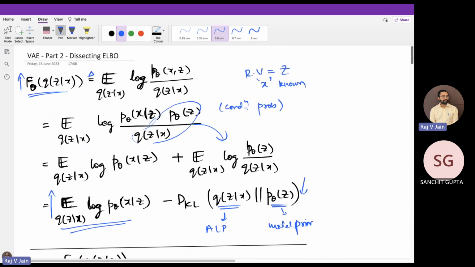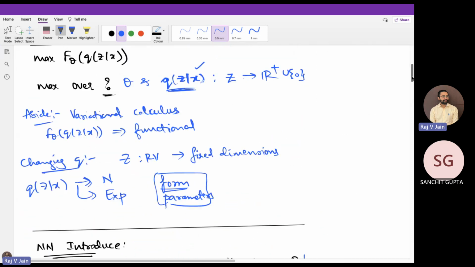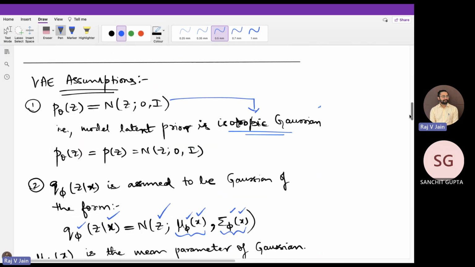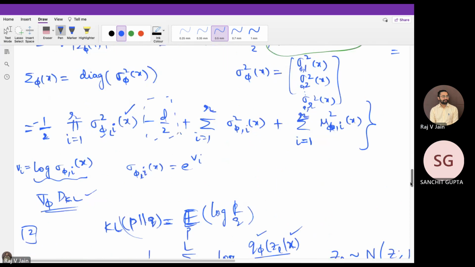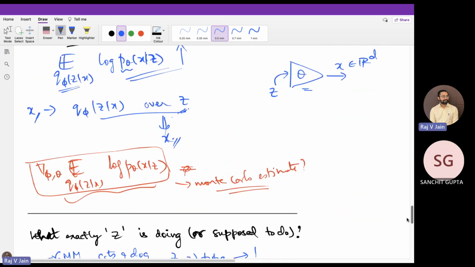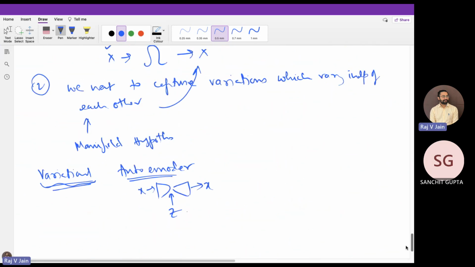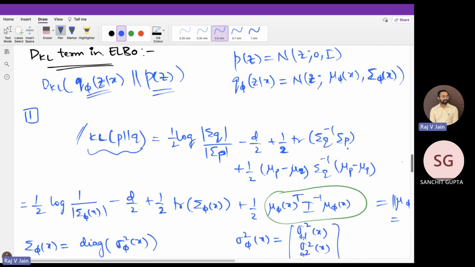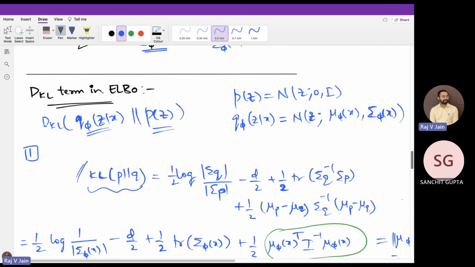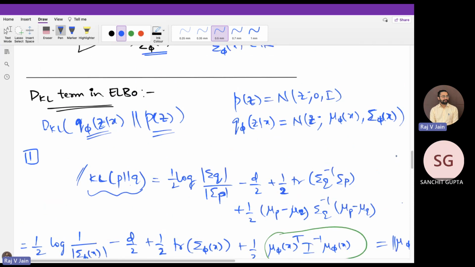This is where we dissected the ELBO altogether. So we haven't called it anything yet. Basically, this is just giving some sort of constraint on the priors that you're learning.